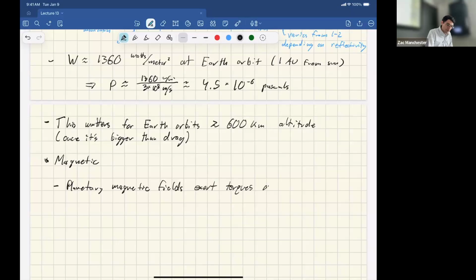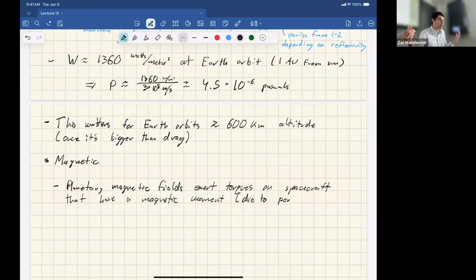So these exert torques on spacecraft that have a magnetic moment, which can be due to a whole bunch of things. The obvious case would be permanent magnetization, like you have a permanent magnet.